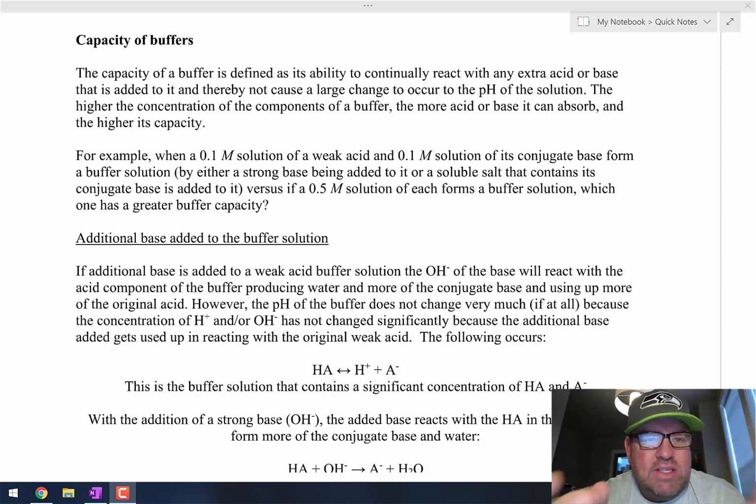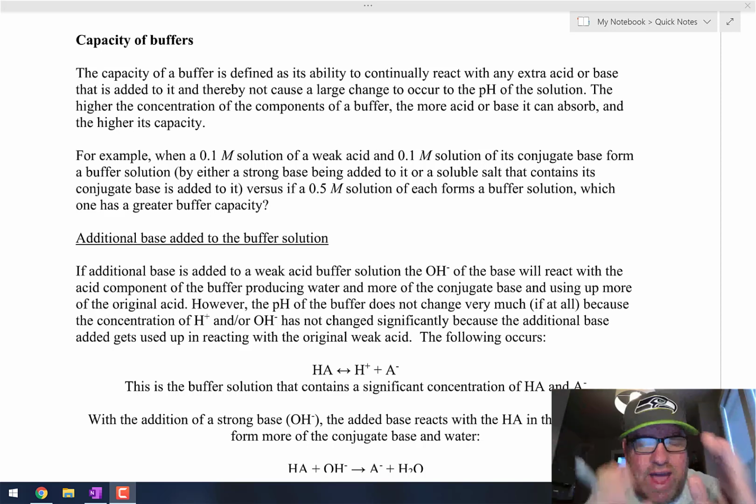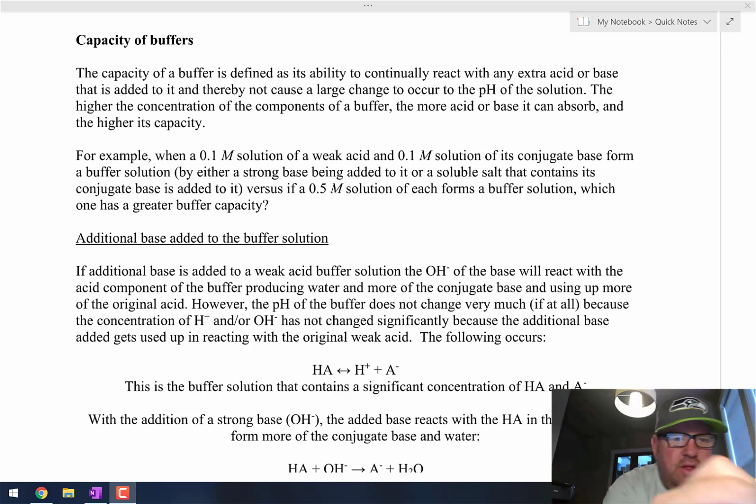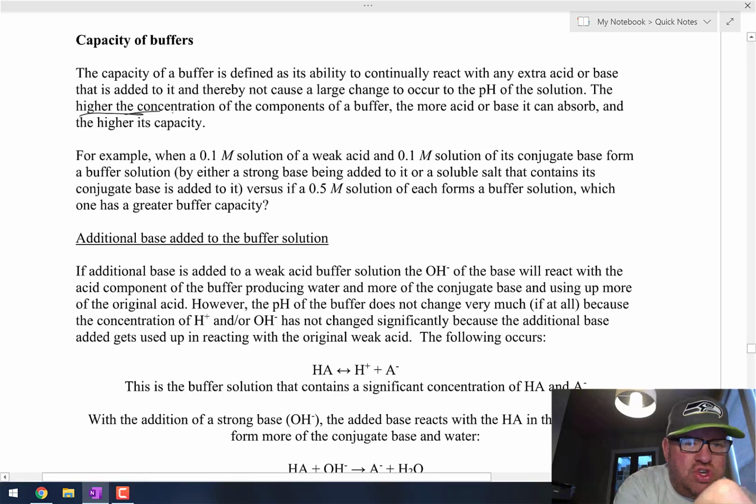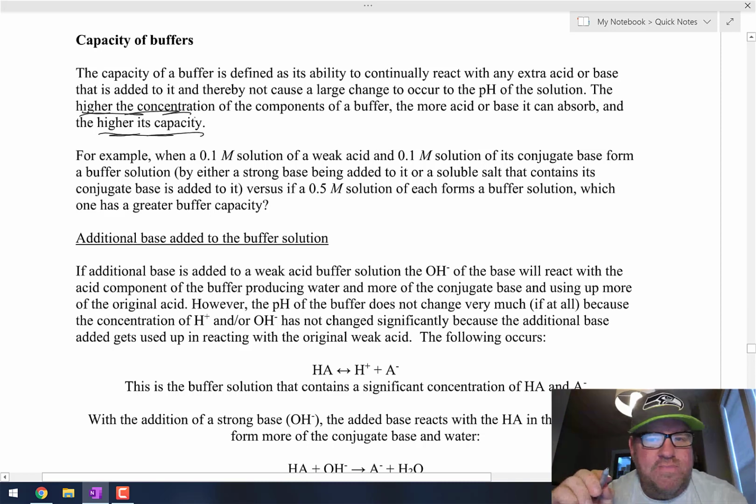The capacity of the buffer is defined as its ability to continually react with any extra acid or base that's added to it, and the pH isn't going to change very much. The more acid and conjugate base you have in there, or the higher the concentration of your buffer solution, the higher its capacity is going to be.